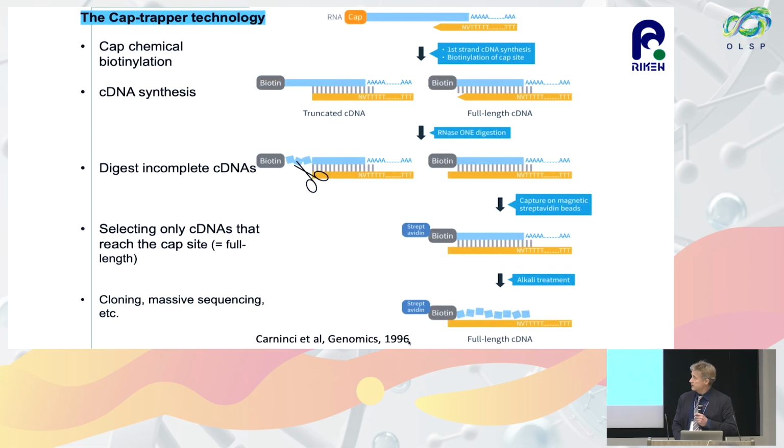This was my postdoc work, to develop a method to capture cDNAs that reach the cap site only. So essentially, we have full-length and truncated. We cleaved away the biotin that derived from a chemical reaction, and captured only the cDNAs that are complete, where the RNA strand was protected from RNase.